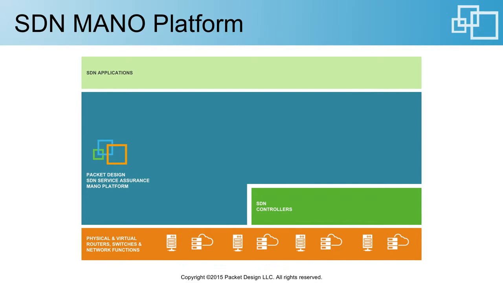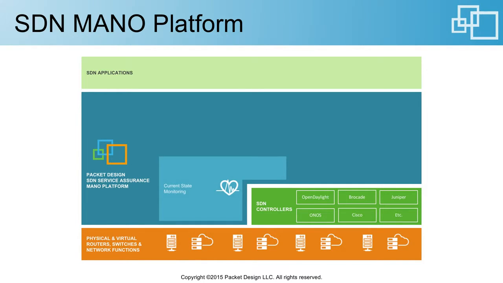On top of that, we have the controllers. We don't believe one controller will rule all. It will be quite a few controllers. Some may be in the wide area, some may be at the edge for specific purposes. On top of that, we have our telemetry system. We are monitoring both the physical and the virtual devices in the network, as well as the controllers. We know what's happening in the network. We know what the controller is asking to do to the network.